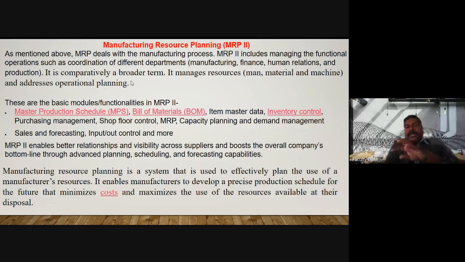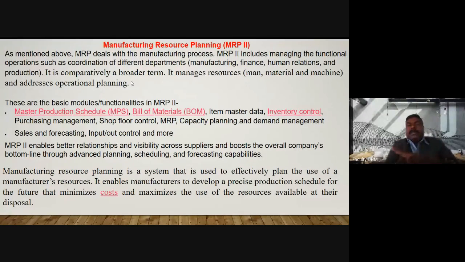Here, managing the resources is a 3M model, man, material, and machine, which addresses the operation planning. Here the coordination between the departments will be there. Manufacturing is the production department; finance includes budgeting, paying off all the bills, costing, wages, and staffing. Everything will be done.